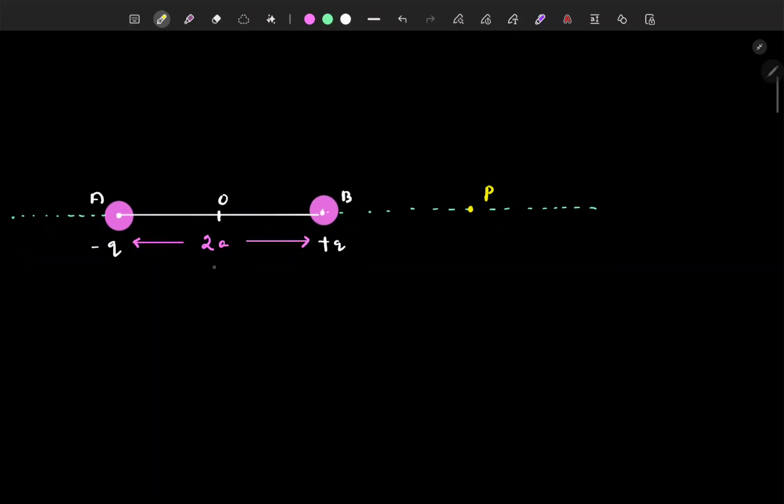Let P be the axial point, which is at a distance r from the center of the dipole. O is the center of the dipole and P is the point of observation, the axial point.